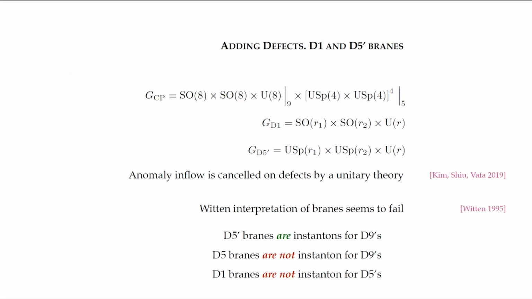But you cannot see the anti-D5 of the bulk as an instanton of the D9, or the D1 as an instanton of the anti-D5. The simple way to see it is, supposedly you could say the USp gauge group is the gauge group which would live on the instanton of an SO gauge theory.